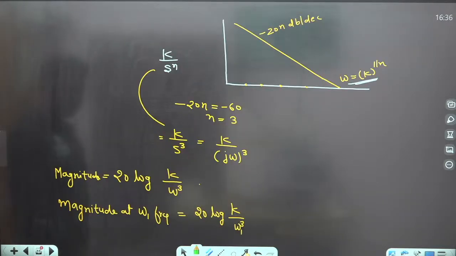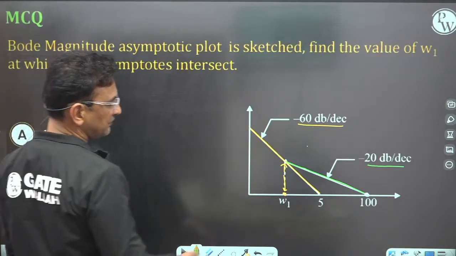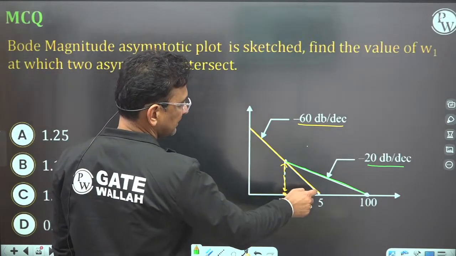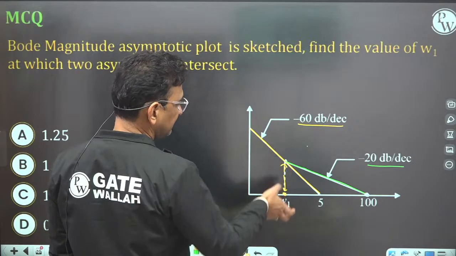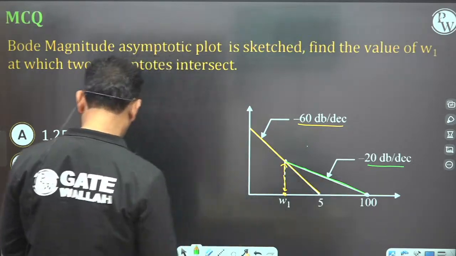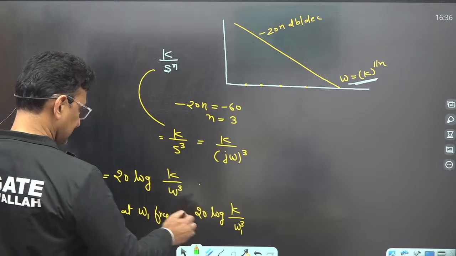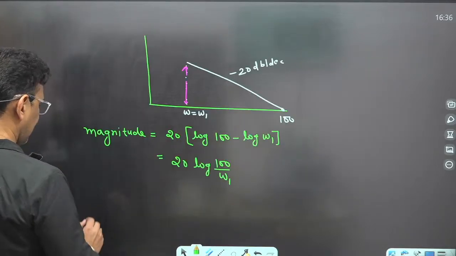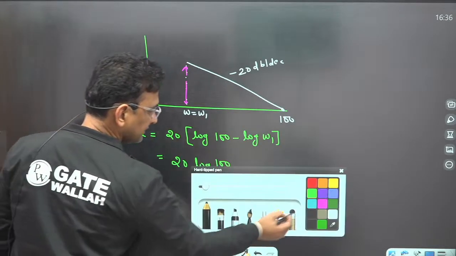Now these two magnitudes are the same. First I found this magnitude by using the yellow line, then a second time by using the green line, and these two magnitudes are the same.